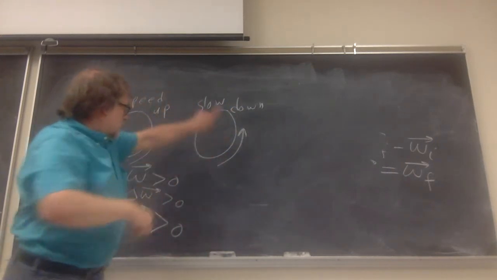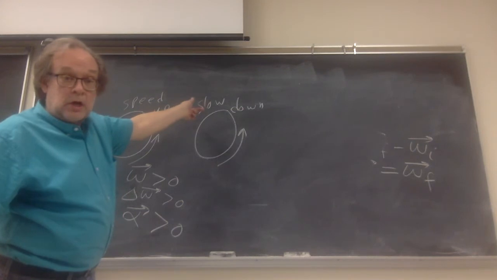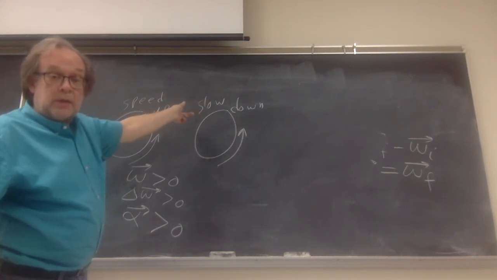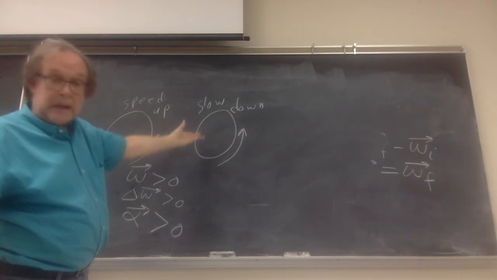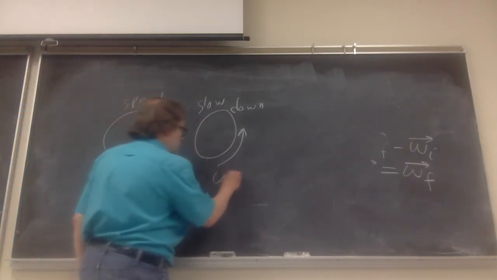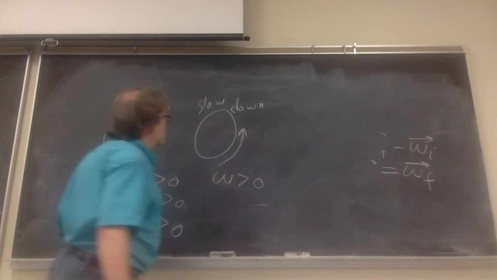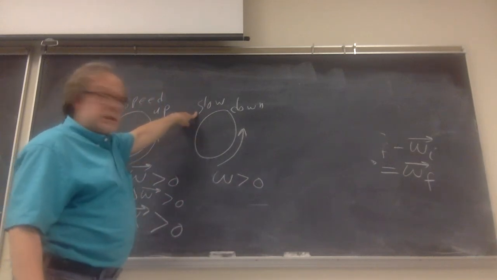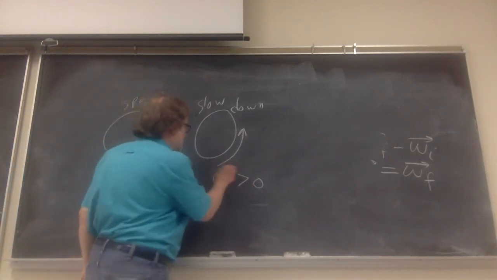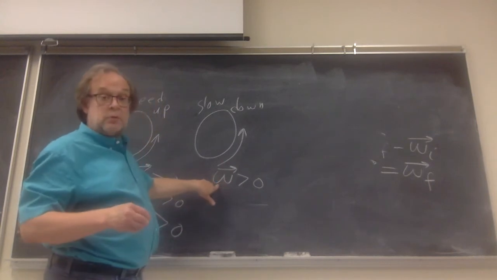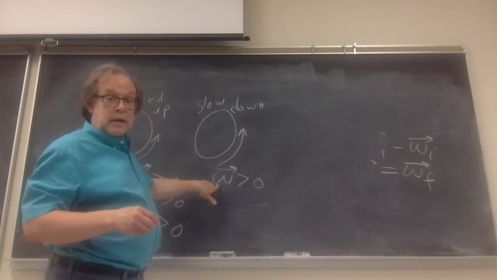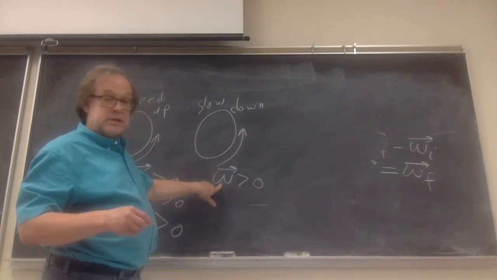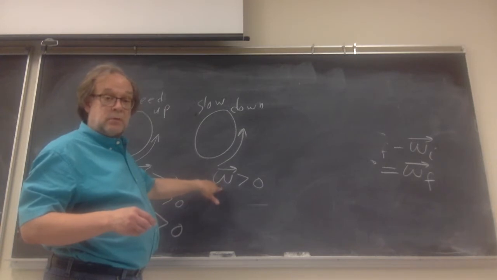Okay, now, next case, imagine the same kind of rotation, counterclockwise, but now slowing down. It's still a counterclockwise rotation, and counterclockwise rotations we always call positive. The rotational velocity is positive. But now, slowing down, that means that this positive number is getting smaller. And what kind of angular velocity do you have to add to this in order to make this positive number smaller?